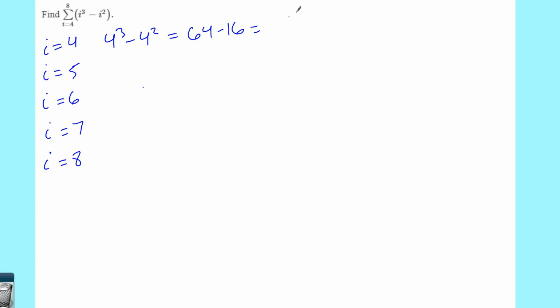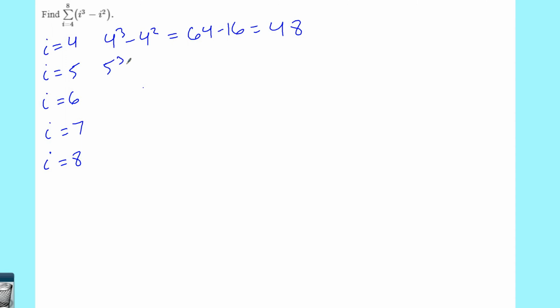So we're going to plug in the number at 4, plug in the number at 5, 6, 7, 8. The first one we're going to do is 4 cubed minus 4 squared. That's 64 minus 16, which is 48.